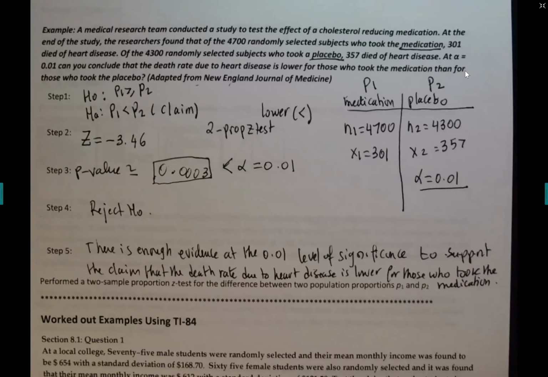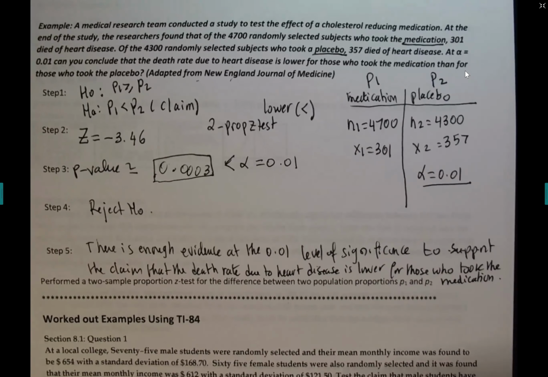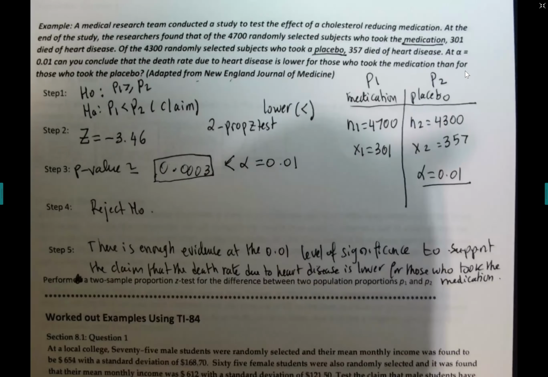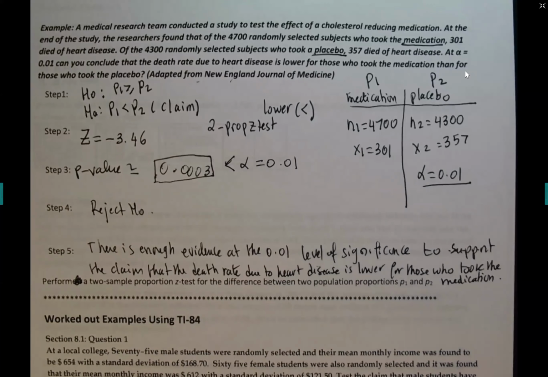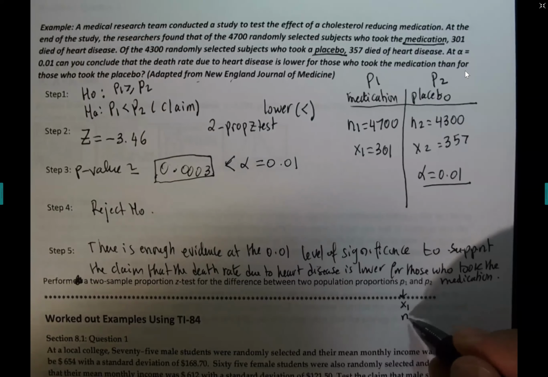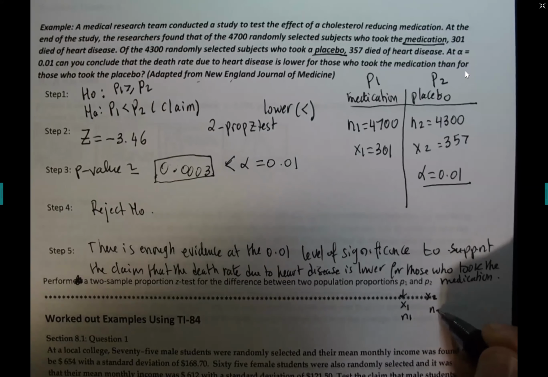So in conclusion, guys, you perform a two-sample proportion z-test for the difference between two population proportions p1 and p2. You need the following information: you need x1 and n1, and you need x2 and n2.